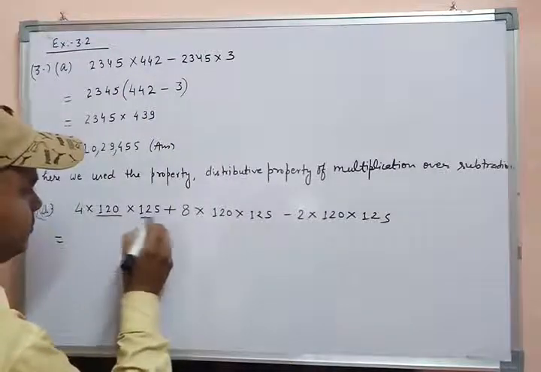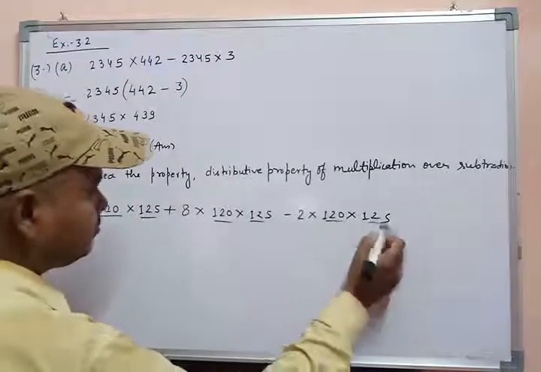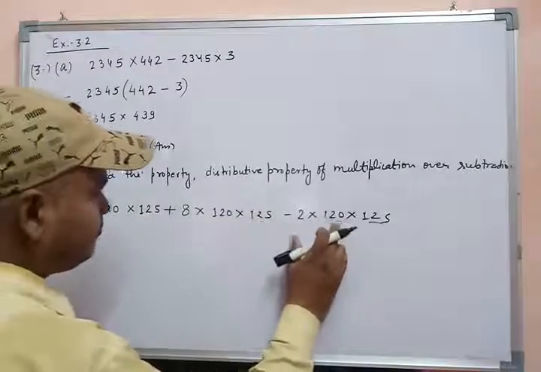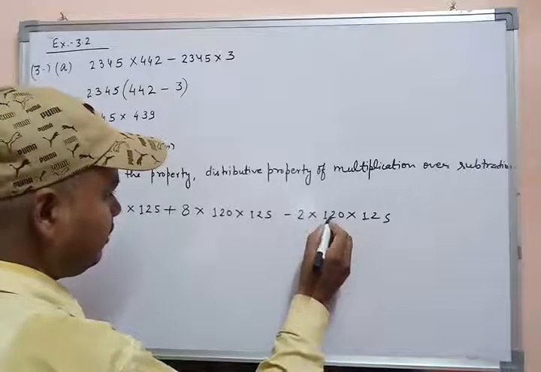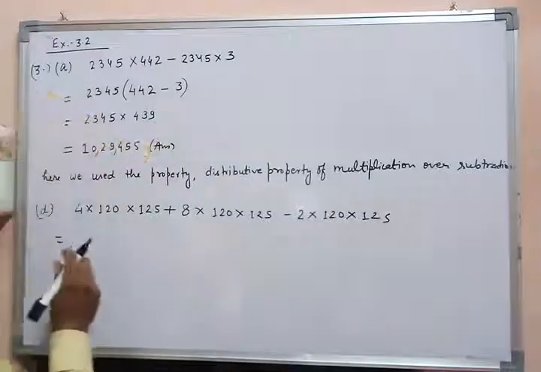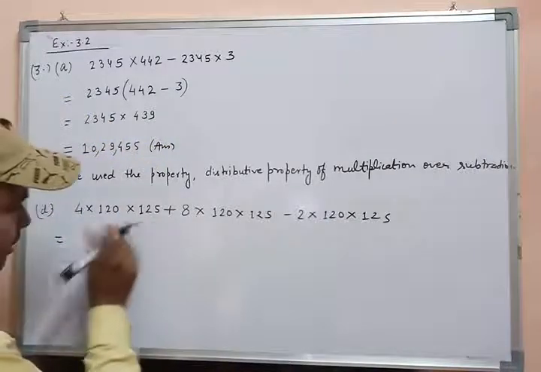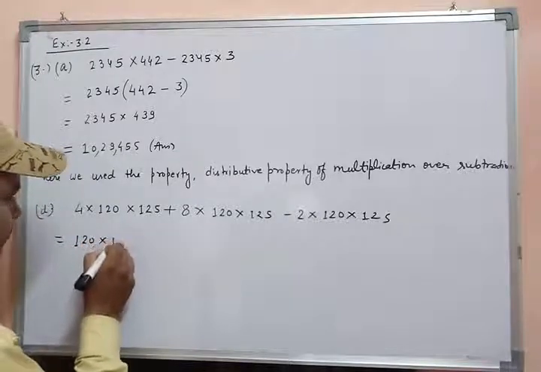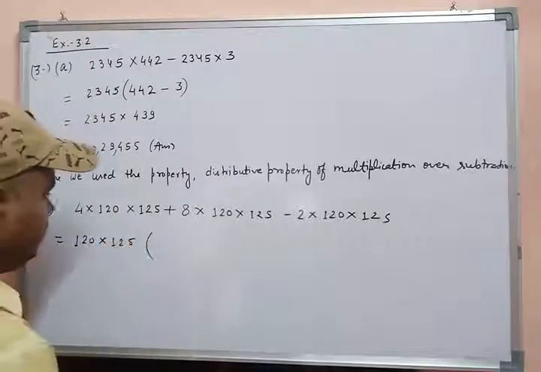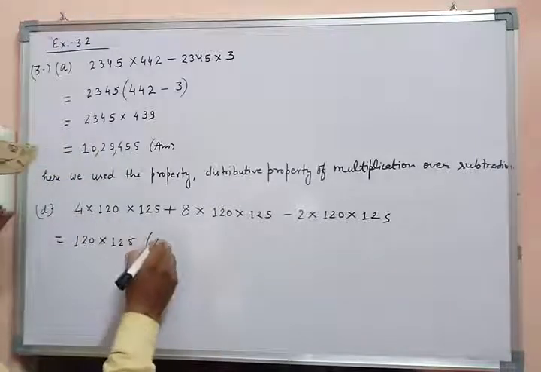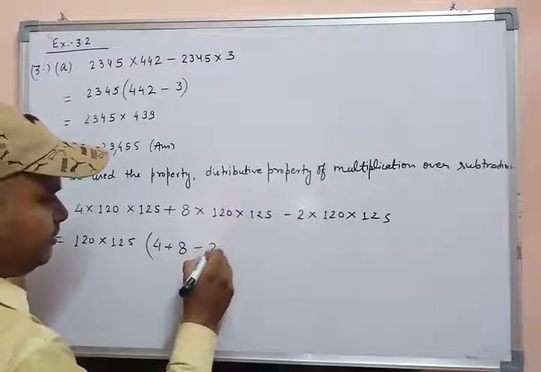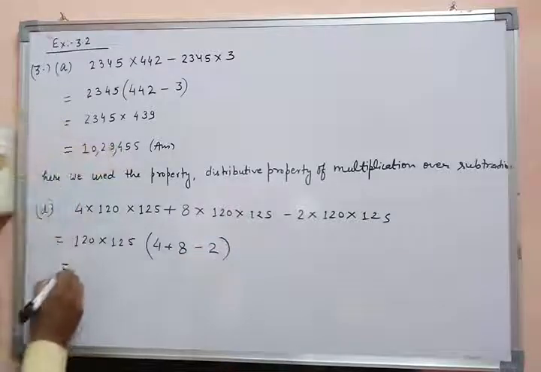In the first step we write the common number 120 multiplied by 125 once, and now in the bracket we write 4, here 8, and here 2.